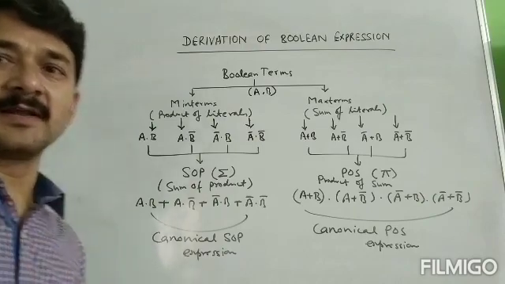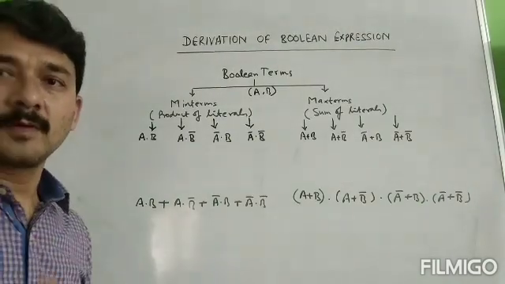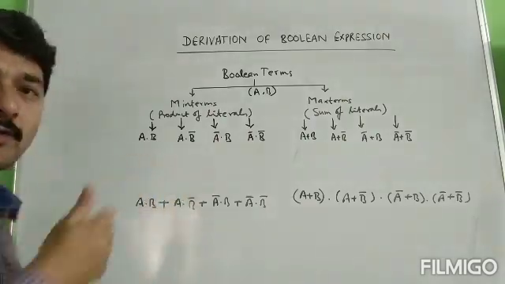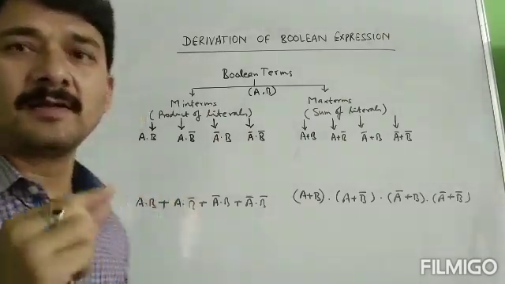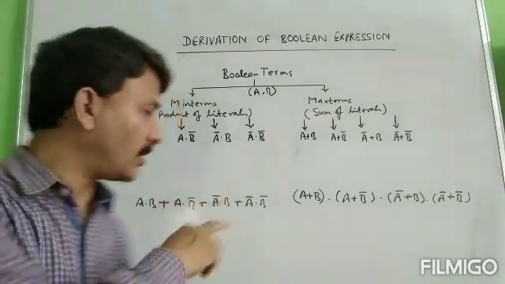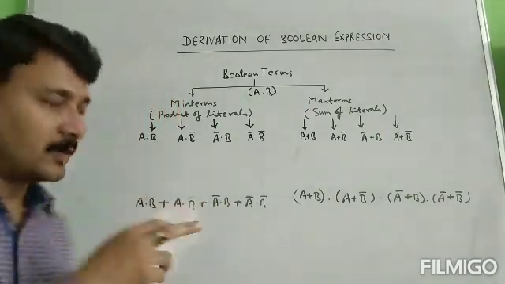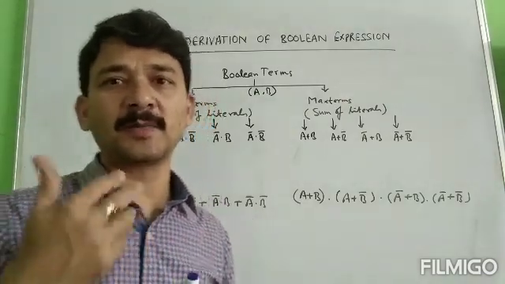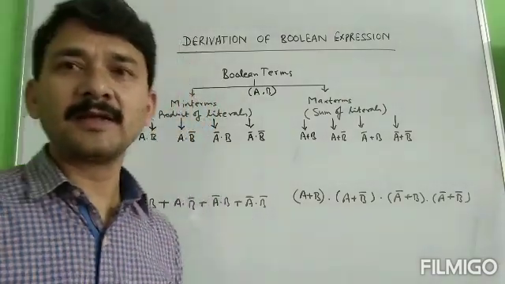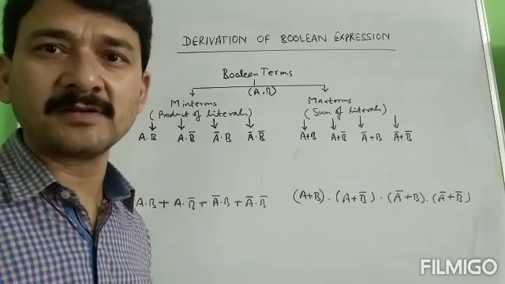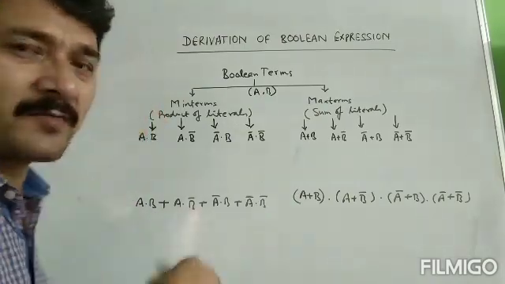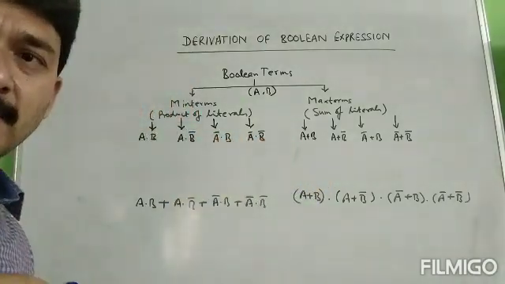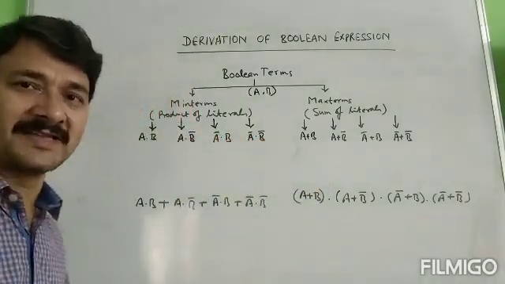So what is cardinal? Let's see now. How can we find the cardinal form from a canonical form? Cardinal means the representation of an expression not in terms of literals but in numeric form. Whenever you represent a Boolean expression in its numeric form using designation, that is called cardinal. How can we convert a minterm or maxterm into its equivalent numerical value, which is called designation?